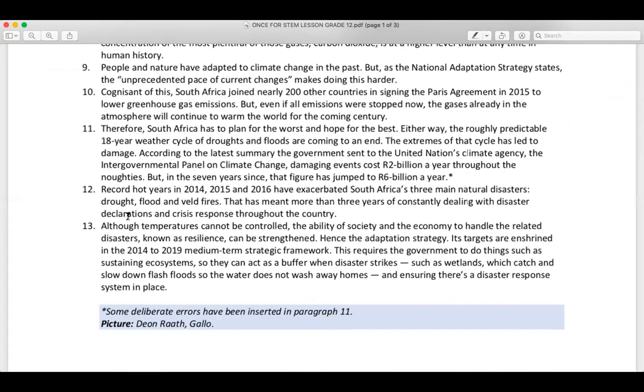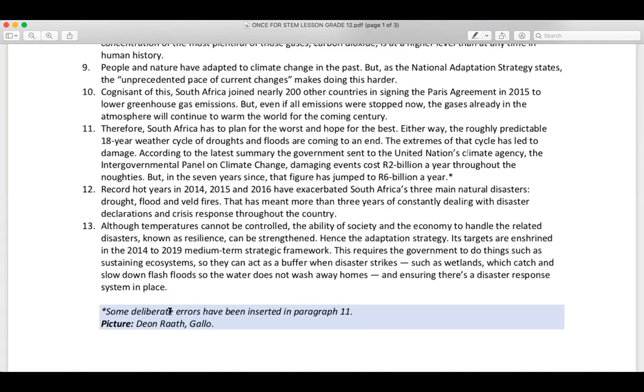The extremes of that cycle has led to damage. According to the latest summary the government sent to the United Nations Climate Agency, the Intergovernmental Panel on Climate Change, damaging events cost 2 billion rand a year throughout the Naughties. But in the 7 years since, that figure has jumped to 6 billion rand a year. Interesting. And I warned you, I said some deliberate errors have been inserted in paragraph 11.